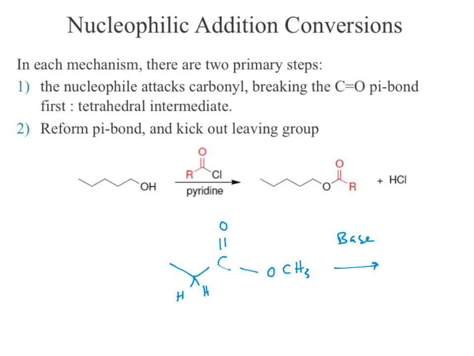Most typically, when we choose a base, we try to choose the cheapest base that'll get the job done. Cheapest base, probably hydroxide. Really straightforward and simple. But when we have a base, what can it also act as? A nucleophile. So if we add hydroxide, that's also a nucleophile.